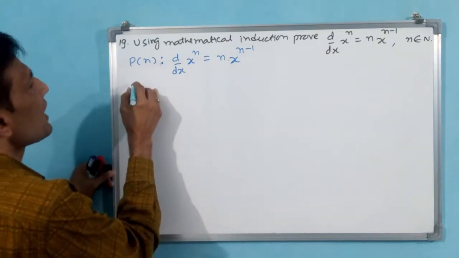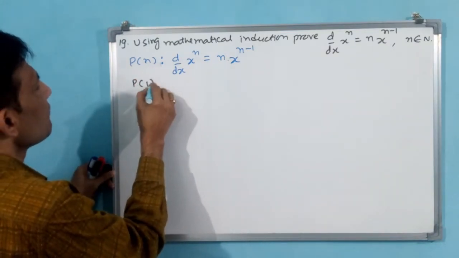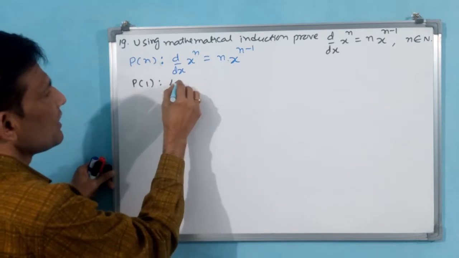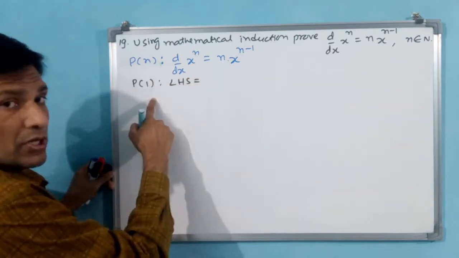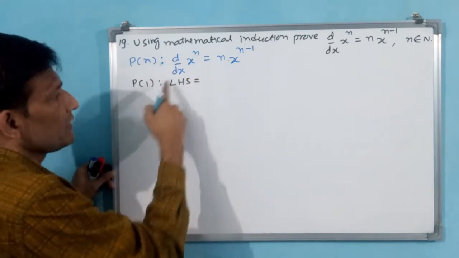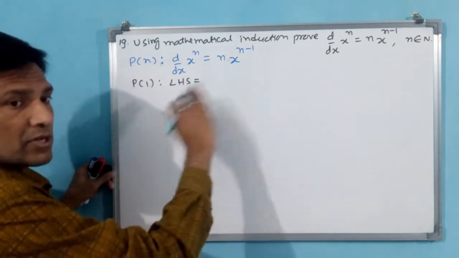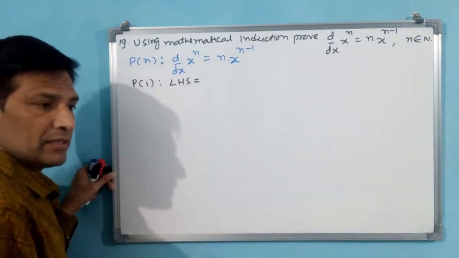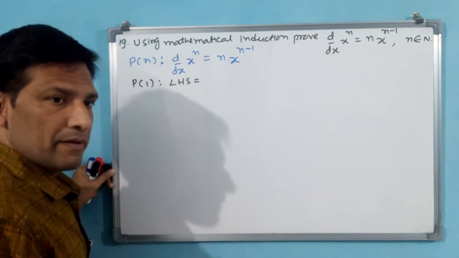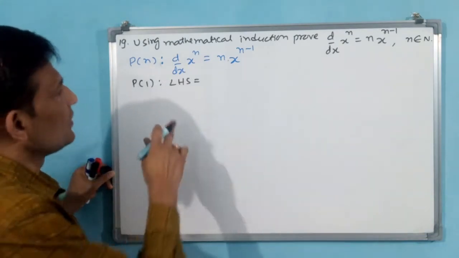Then p of 1, I am taking. You see, p of 1 colon, LHS is equal to RHS if you show it, automatically it is proved. See, I am writing how.